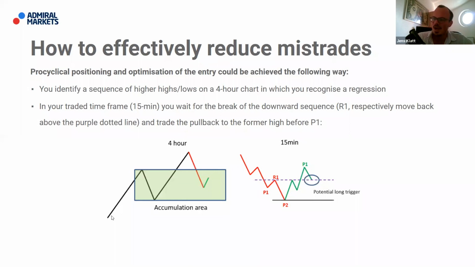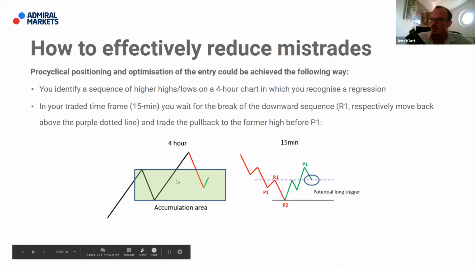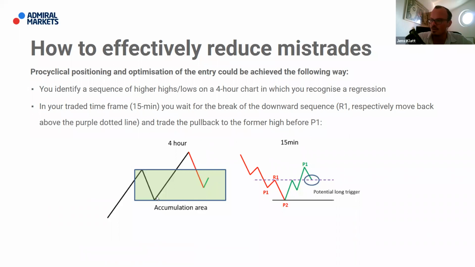So what do we have here? We have the sequence on H4, higher highs and higher lows. We know that here, this green box, is the last relative high and the last relative low. This is our accumulation area. And now what we see here is the market in a regression, okay? We do not know how long this regression will take.